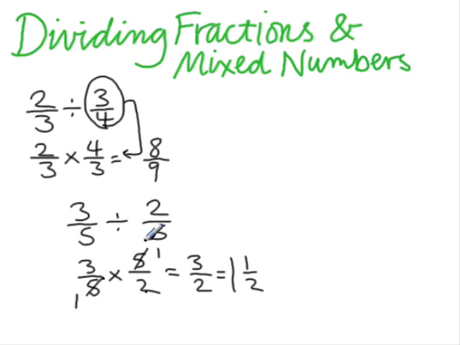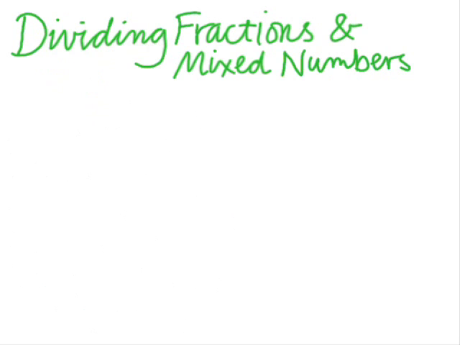Now, of course, if we have mixed numbers, we will need to change those mixed numbers into fraction form before we can do anything else. And so let's take a couple examples. 8 and 1/3 divided by 2 and 1/2.